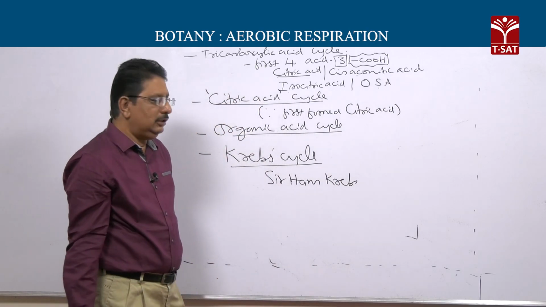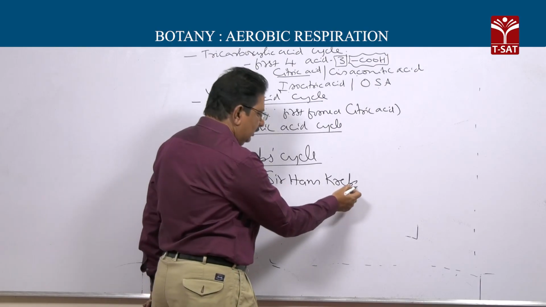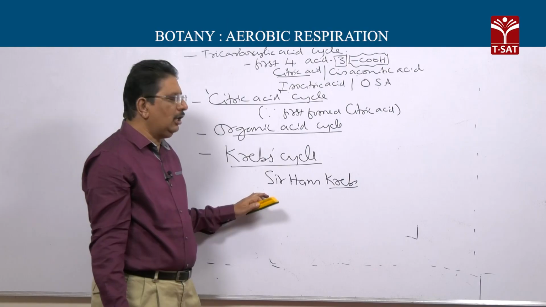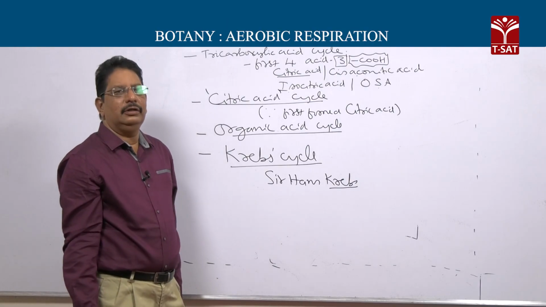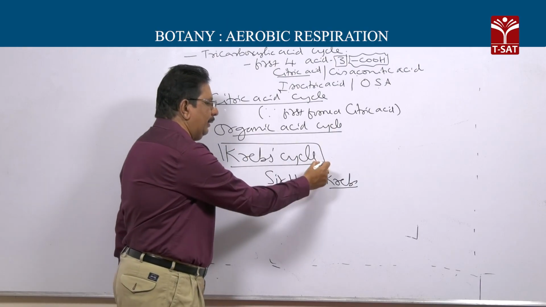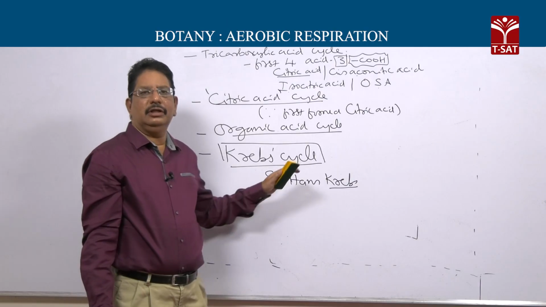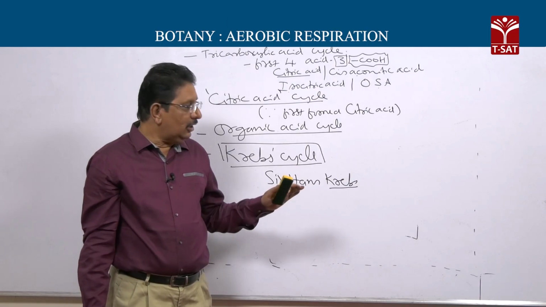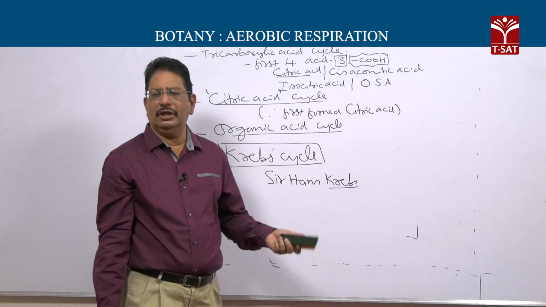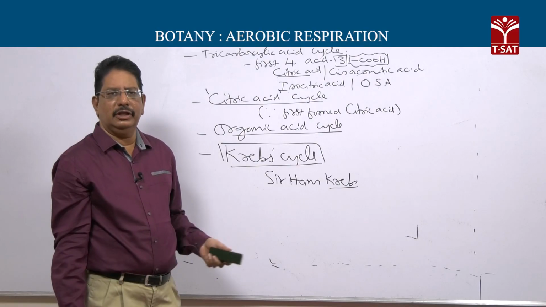To honor the discoverer of this metabolic pathway, the process is named the Krebs cycle, just like glycolysis. The glycolysis process was discovered by 3 scientists: Embden, Meyerhof, Parnas.